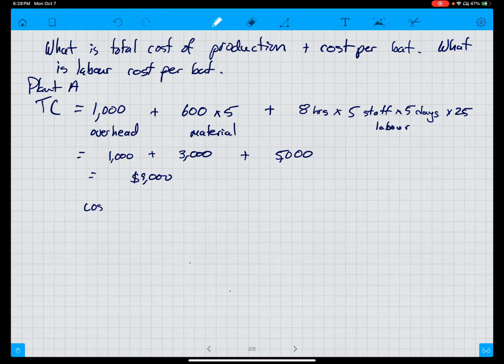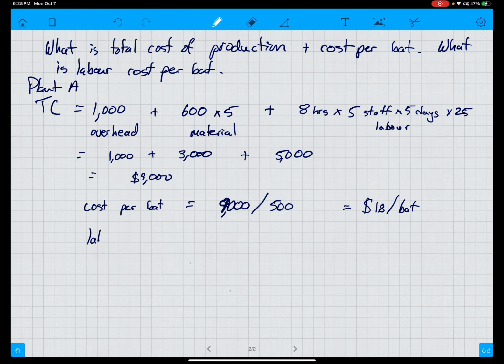Cost per bat is equal to 9,000 divided by 500 is equal to $18 per bat.